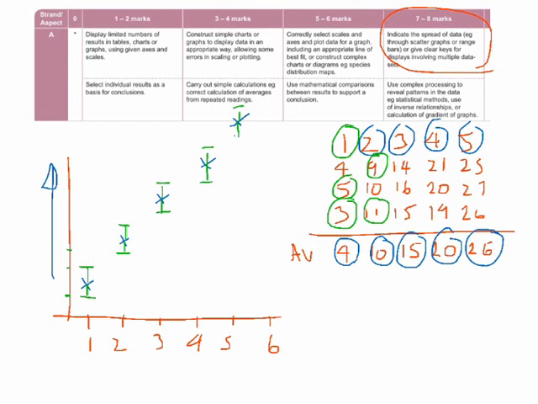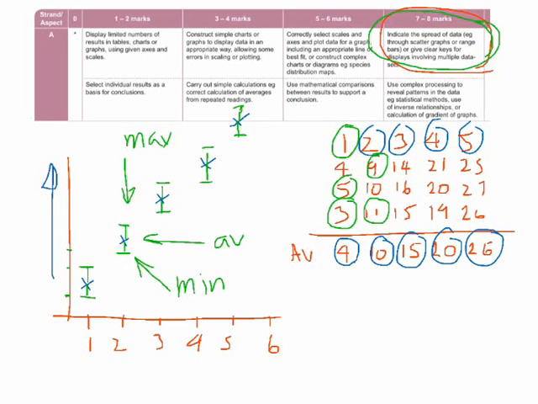So you get a set of data plot points like this. So basically it's the average, and then the minimum, and the maximum. That's basically how you're going to indicate the spread on your graph.